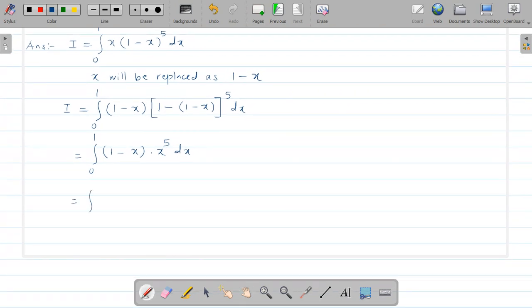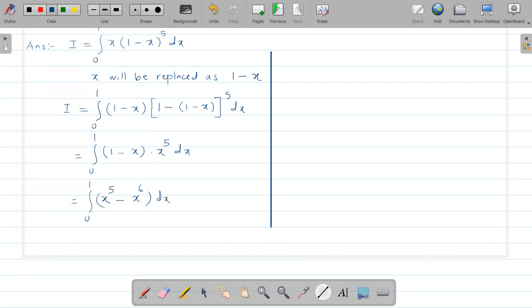Now just you multiply this bracket by x raised to 5, then x raised to 5 into 1 is x raised to 5 minus x raised to 5 into x is x raised to 6. Okay. Now evaluate this integration.